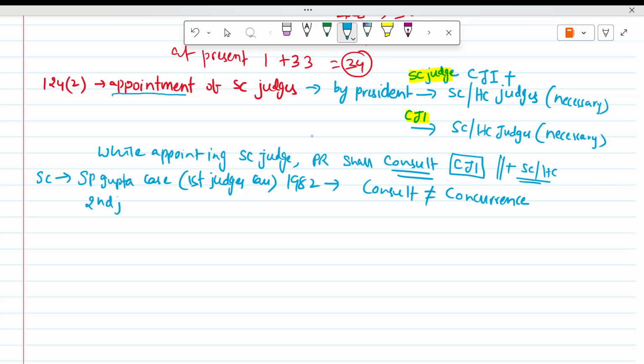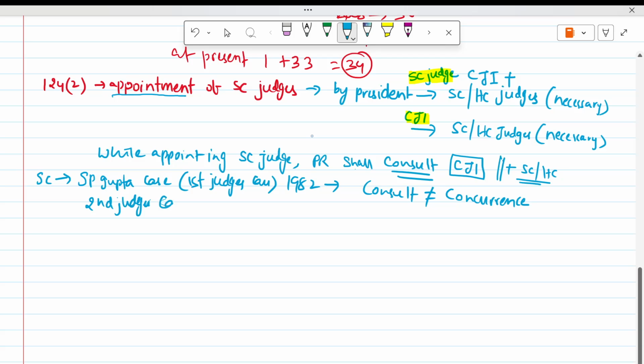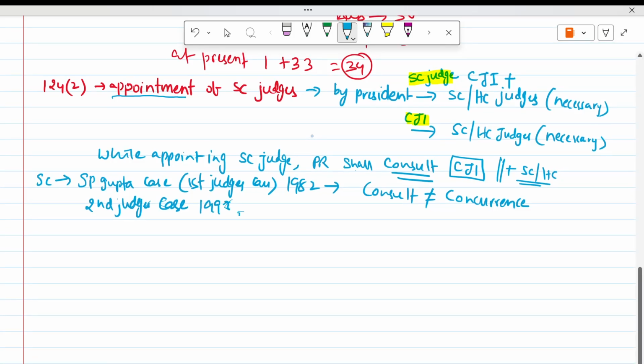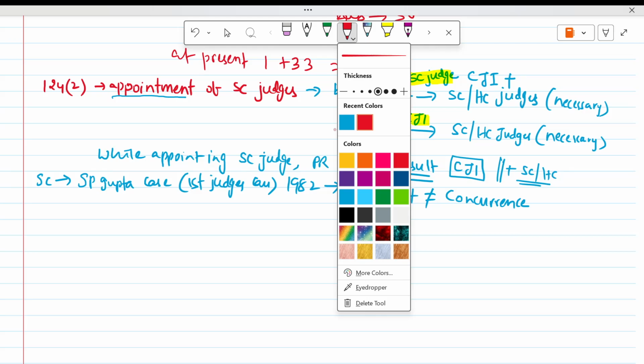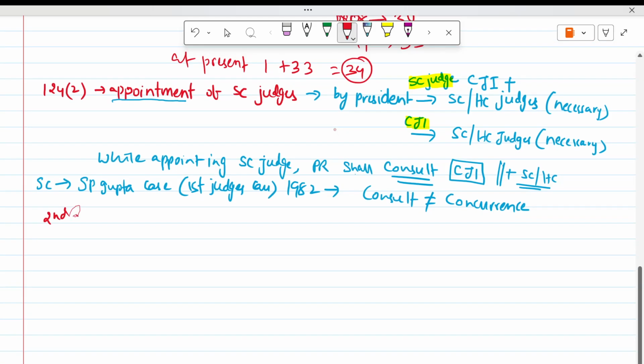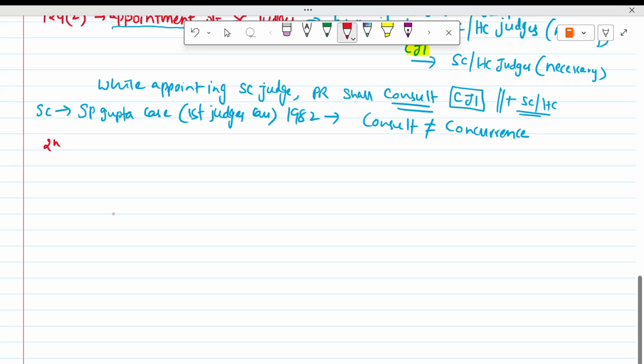Then there is the second Judges case, in 1993.